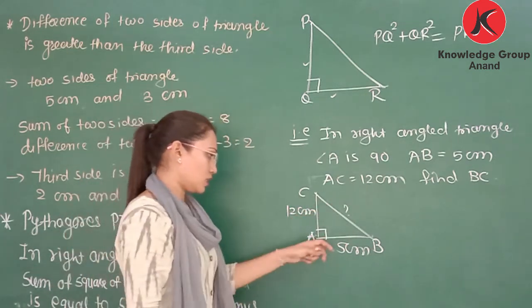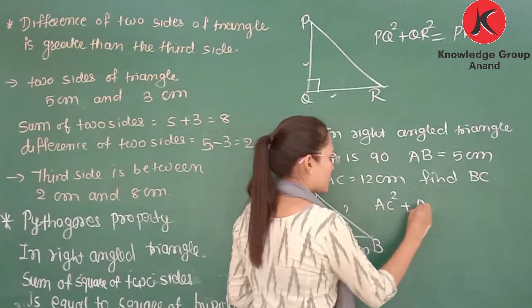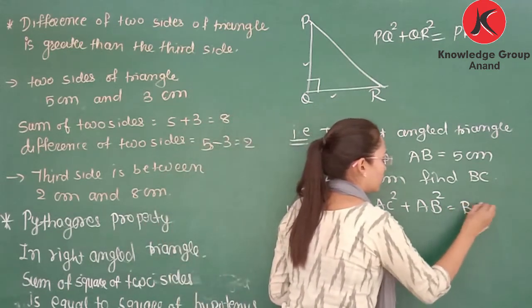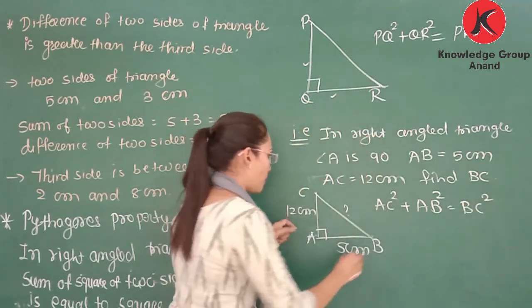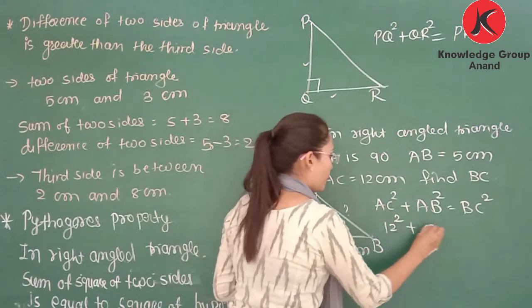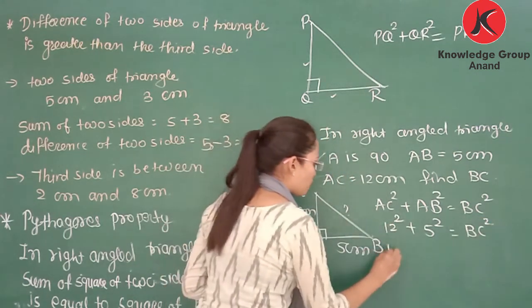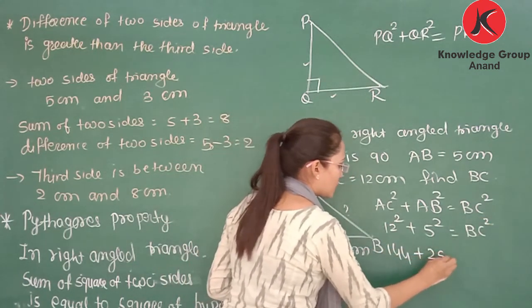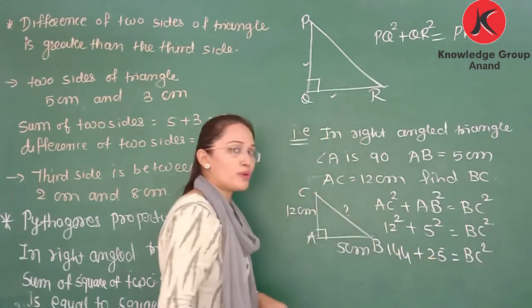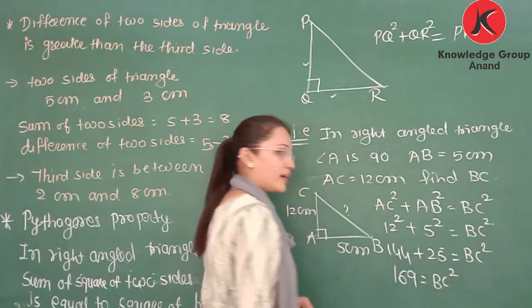So for this, angle A is 90 degrees, so we can write AC square plus AB square is equal to the hypotenuse, that is BC square. Pythagoras property. Now AC is 12 centimeter, so 12 square plus 5 square. 12 square is 144, 5 square is 25, so 144 plus 25 is 169, which is equal to BC square.